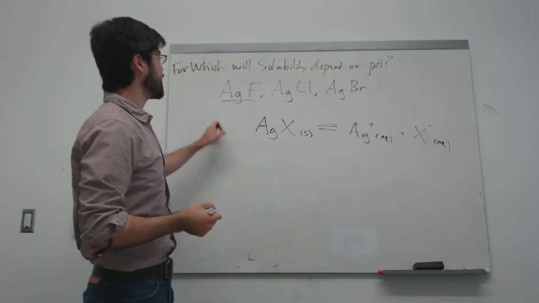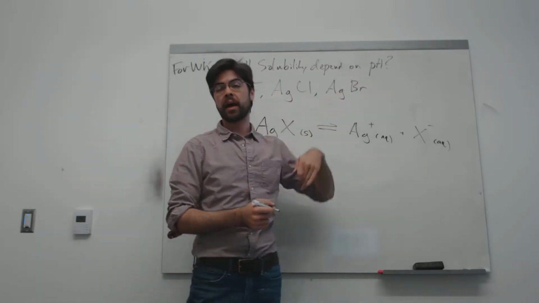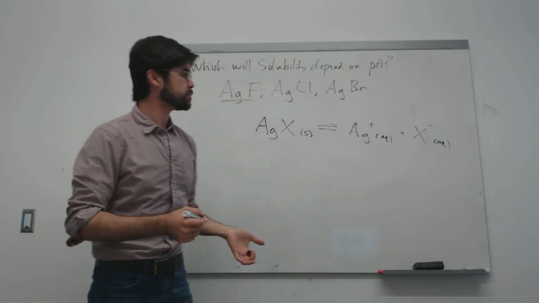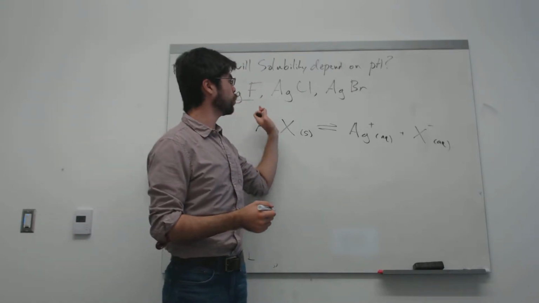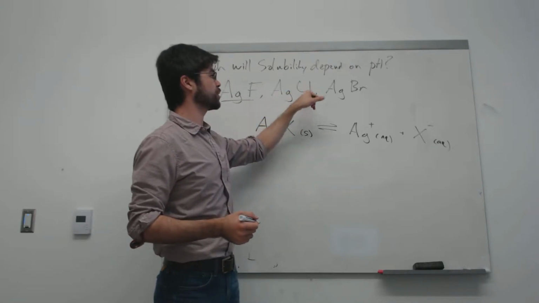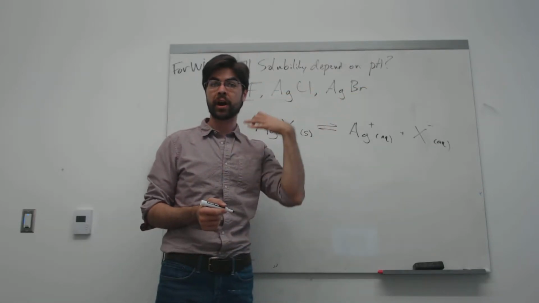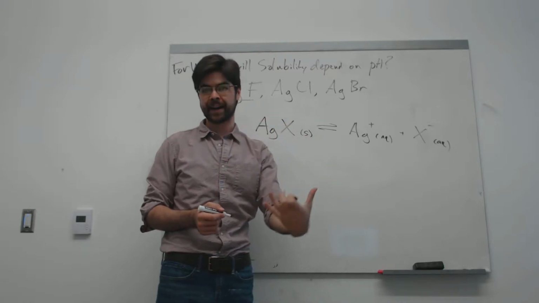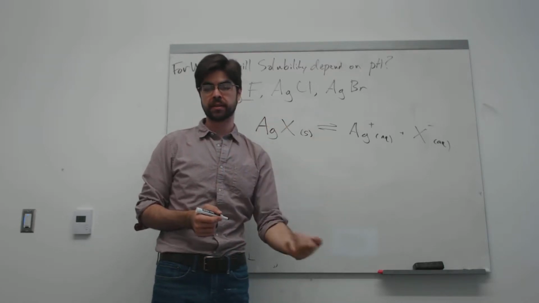And the way we decide which of them are going to be pH dependent is basically deciding, okay, are any of these ions, the fluoride ion, the chloride ion, or the bromide ion, going to react with acids and bases?